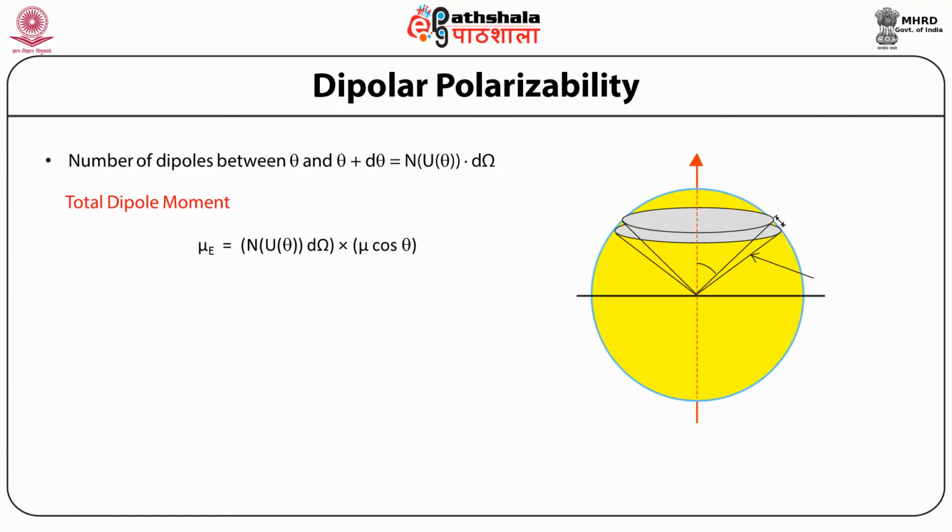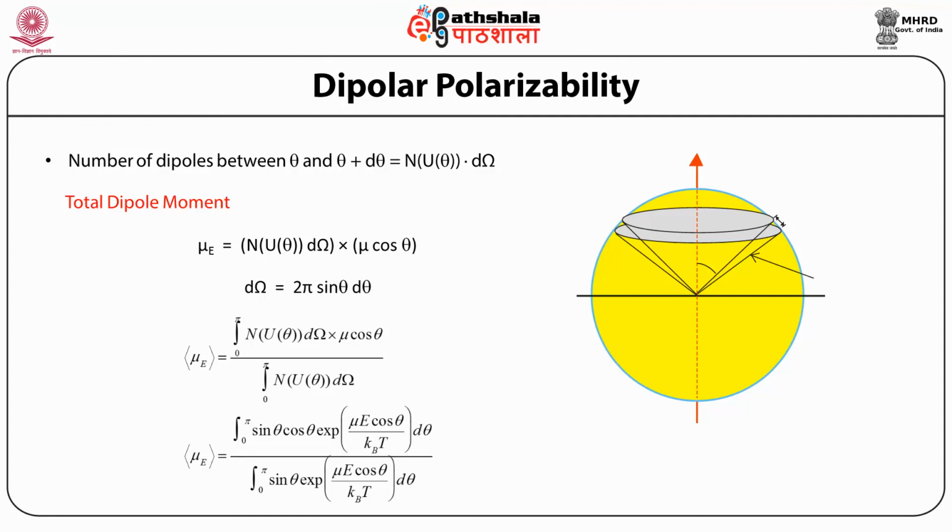So the incremental solid angle can be expressed as d omega is 2 pi sine theta d theta. So on solving the equation further, we get the expectation of mu is equal to integration 0 to pi of sine theta cos theta exponential of mu E cos theta by kBT into d theta, divided by integration 0 to pi of sine theta exponential of mu E cos theta by kBT into d theta.